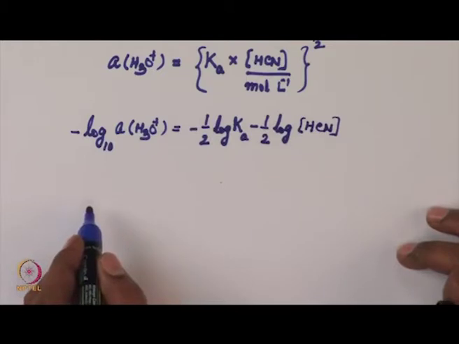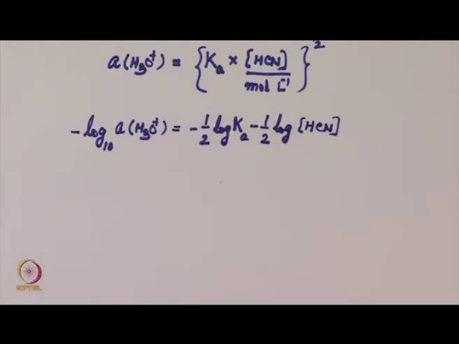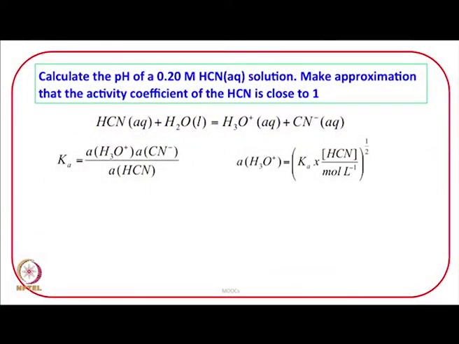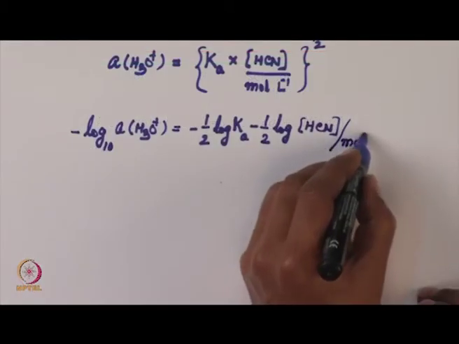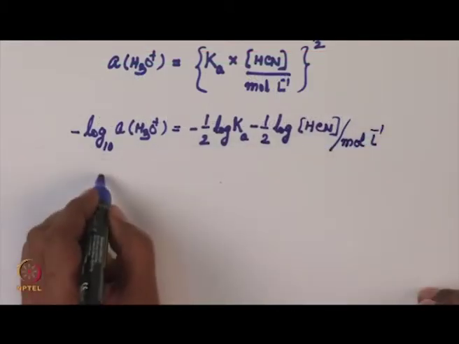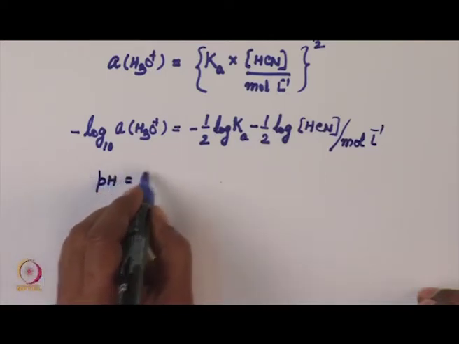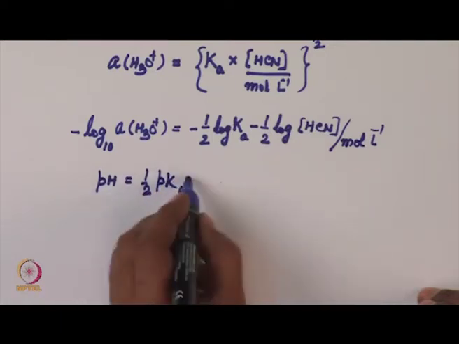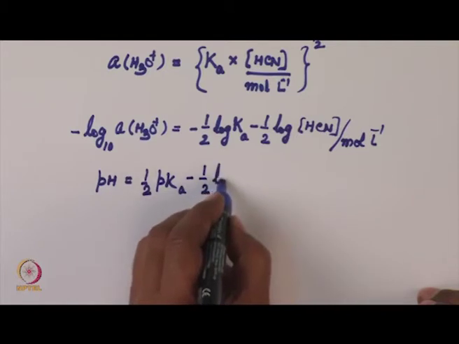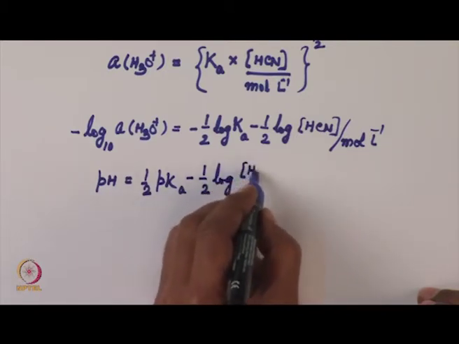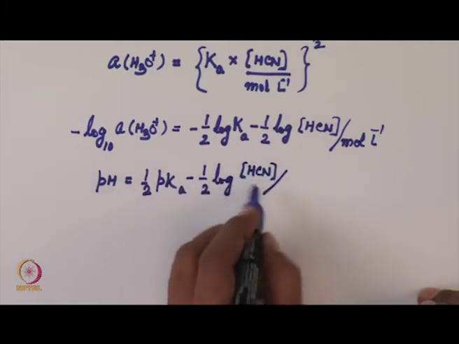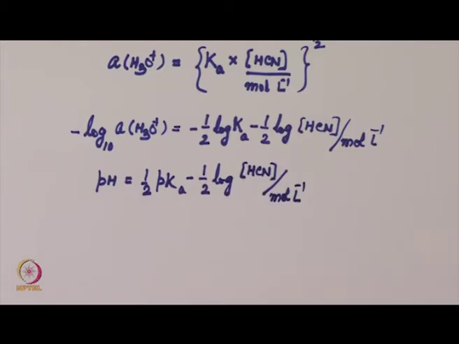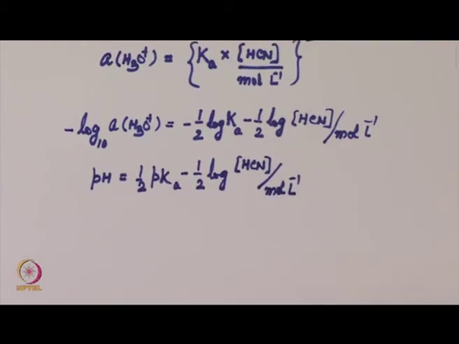So, I can write this as pH is equal to half pKa minus 1 by 2 log concentration of HCN, and I divide by mole per liter to make it a dimensionless quantity. And let's take a look at the slide now.